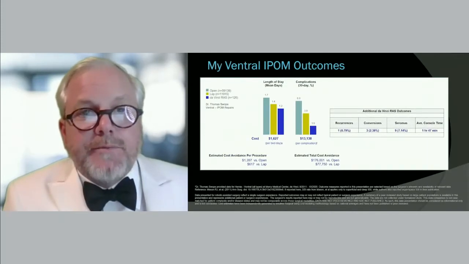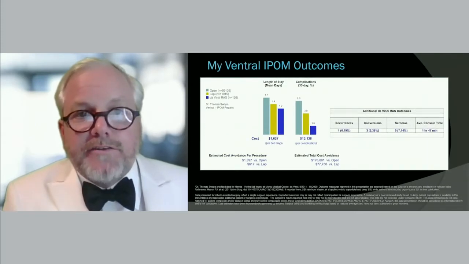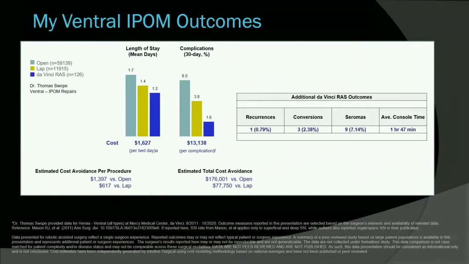So here's my IPOM outcome. This is ventral hernias now. So these are my IPOM outcomes. And if you look at length of stay and complications, open is sort of the greenish color, lap is the yellowish color, and the robot is blue. And you can see length of stay and complication rates compared to national averages.